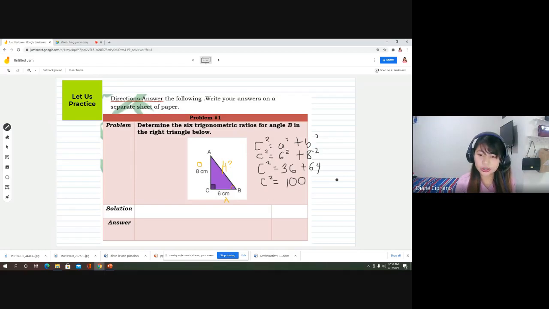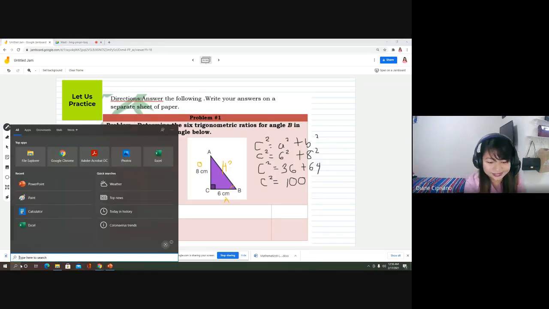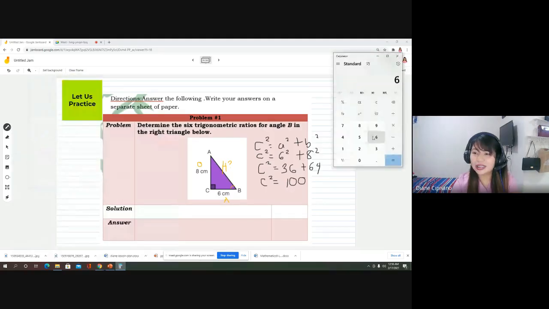Let me check my calculator if it's correct. 6 times 6 is equal to 36 and 8 times 8 is equal to 64. And 36 plus 64 is equal to 100. And its square root is exactly 10.